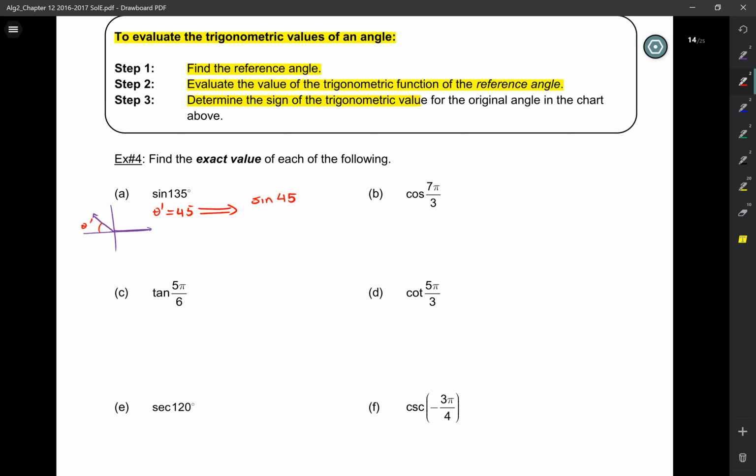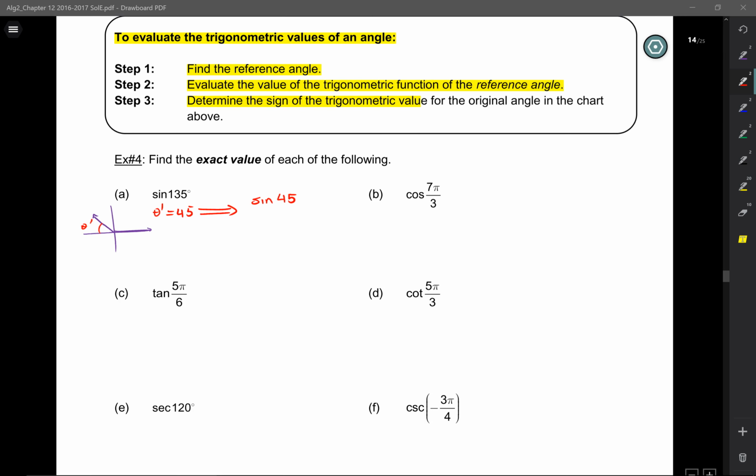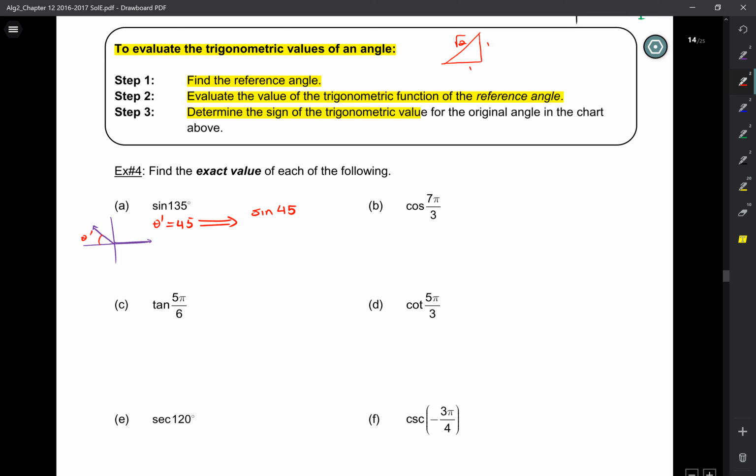So now, what's sine of 45? What's sine of 45? 1 over root 2. Root 2 over 2. Now, that's step 2.